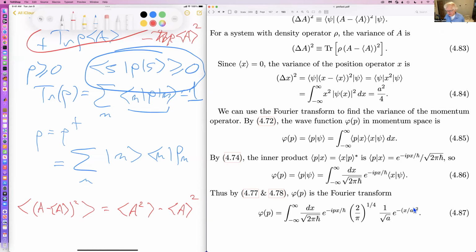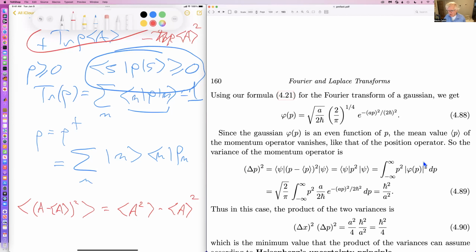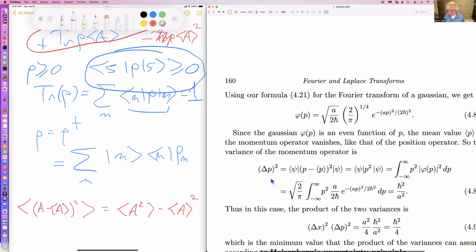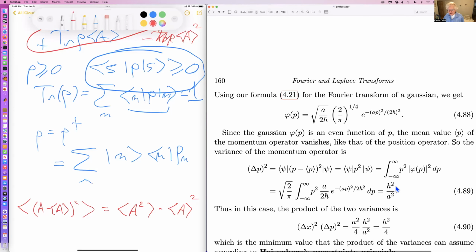Then we find that the variance of p squared, well, that's just the average value of p squared, and that turns out to be h bar squared over a squared. And so we have an example of Heisenberg's uncertainty principle.